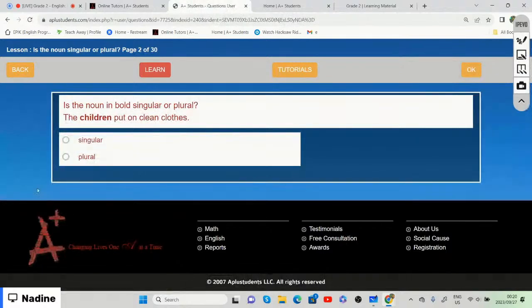The children put on the clean clothes. The word children, is children singular referring to one or plural referring to more than one? Children, is it one child? Singular or plural?